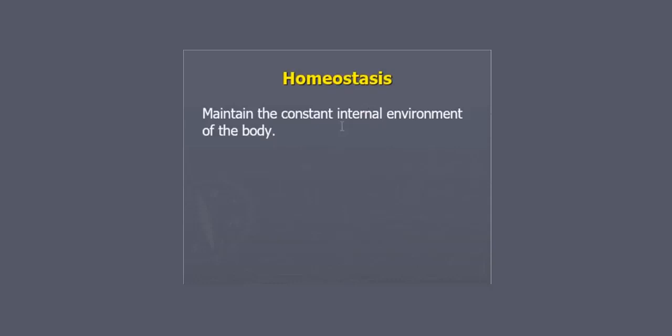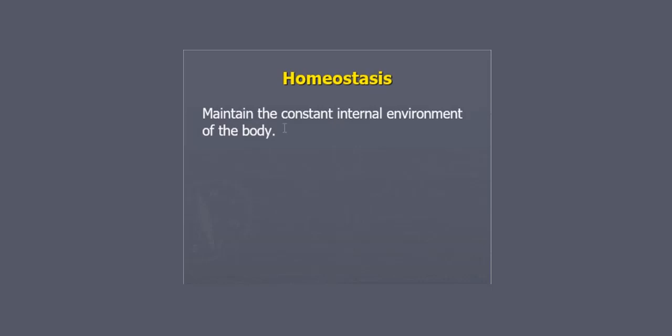Homeostasis is the maintenance of a constant internal environment of the body. And the internal environment is the extracellular fluid. We have blood, which can be considered as extracellular fluid.